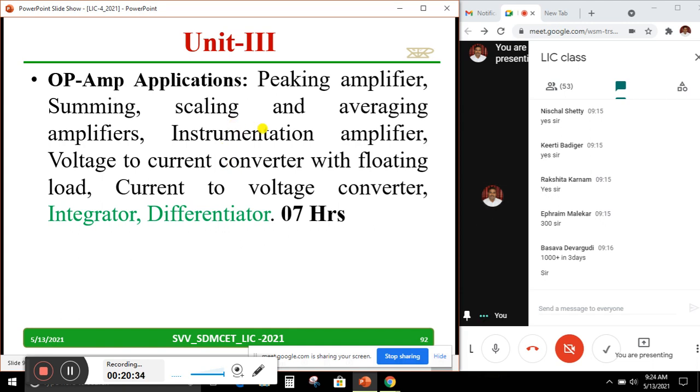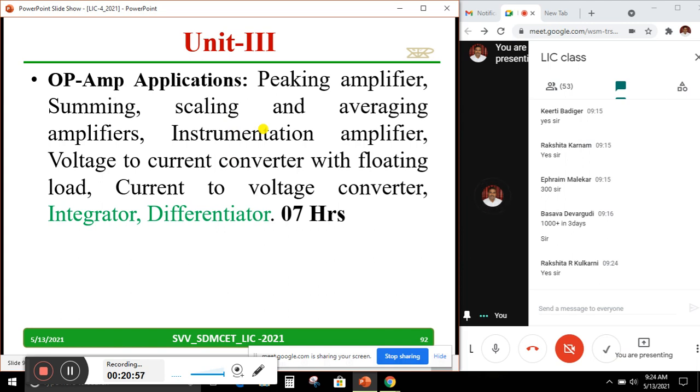Some students might have done the experiment. Let me ask you the question: how many of you have done the integrator experiment? Just type. Has anybody completed the integrator experiment? Somebody in my batch had done it. Thank you, Rakshita.